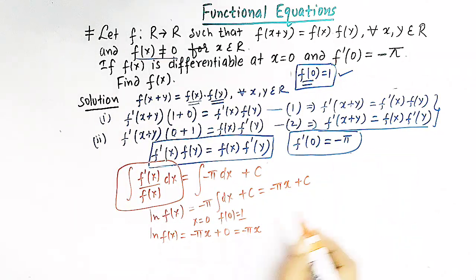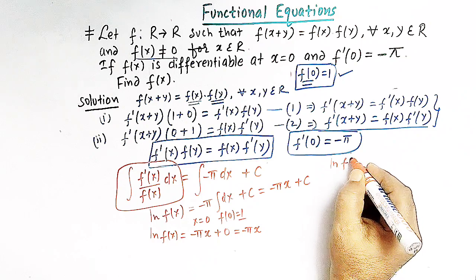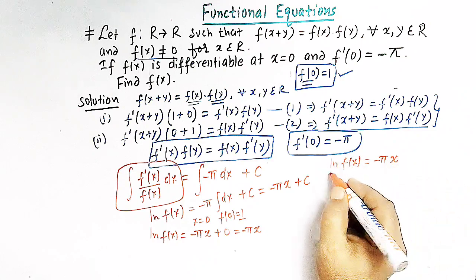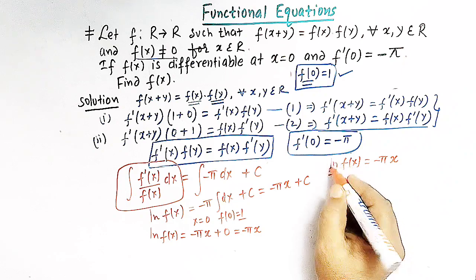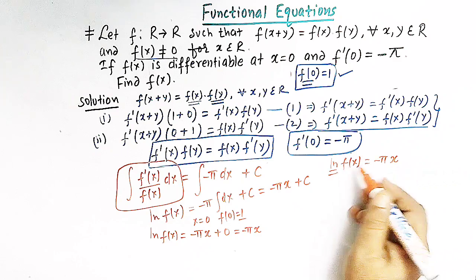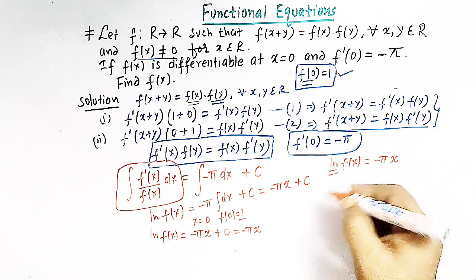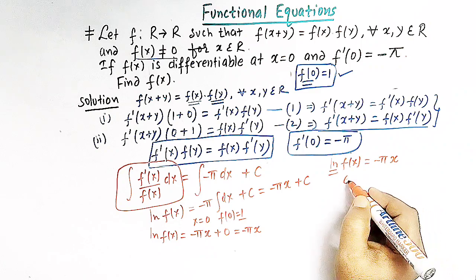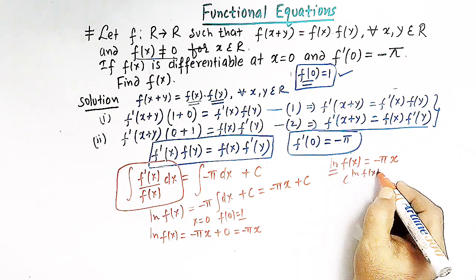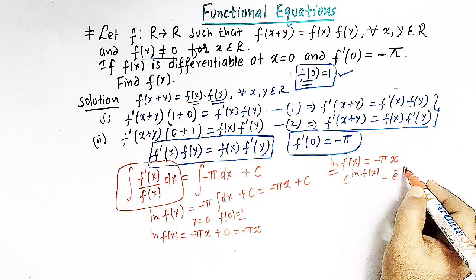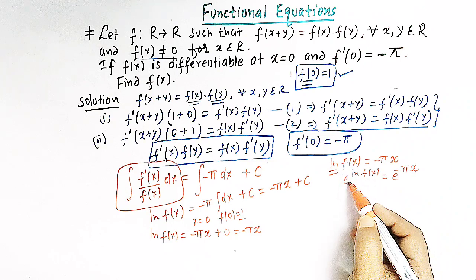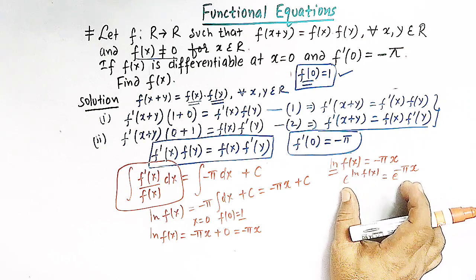So now from here we have the natural log of f of x is equal to minus pi x, right? So in order to get rid of this natural log, what we will do is place these two numbers in the power of the exponential e. So we can now write e raised to log of f of x, and here we have e raised to minus pi x. So raising these two terms to the power of e, we have this equation.